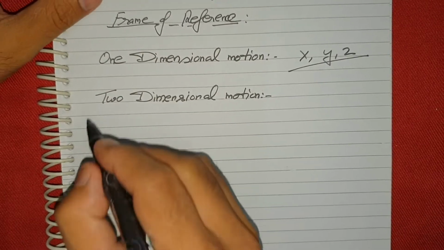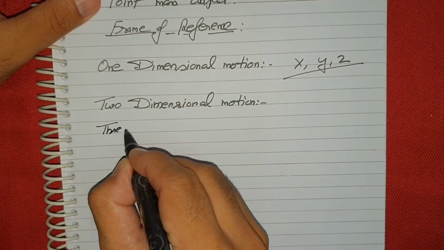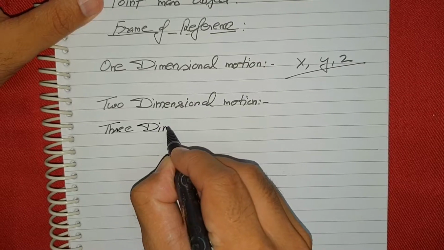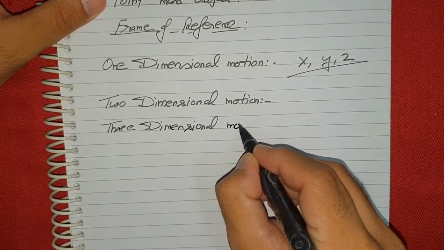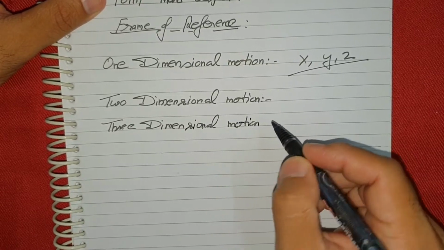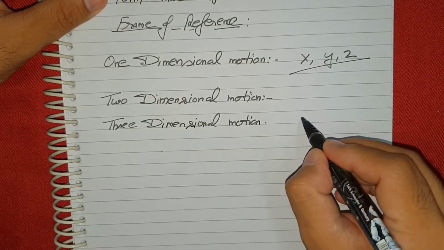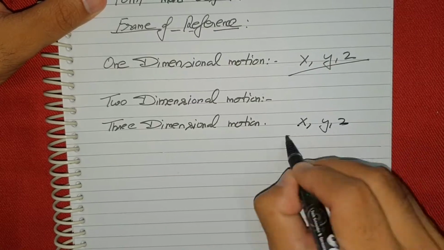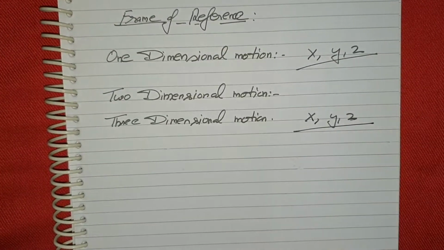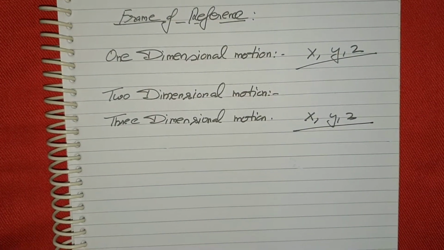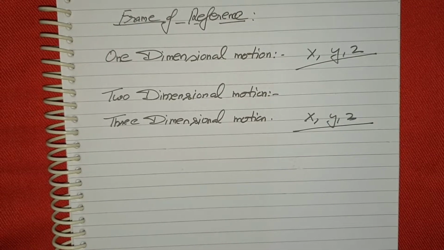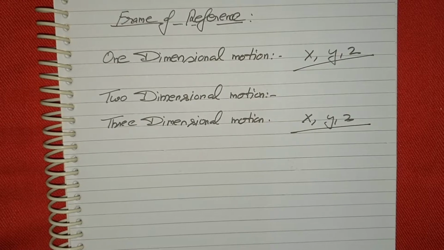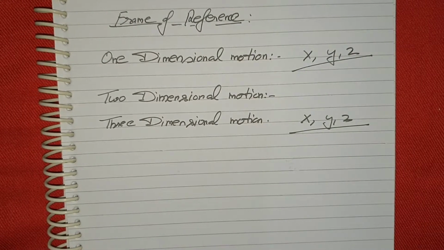Now, three dimensional motion. In three-dimensional motion, all three coordinates are required to specify the position of an object. To define it, the motion of an object is said to be three-dimensional if all three coordinates specifying the position of the object change with respect to time.